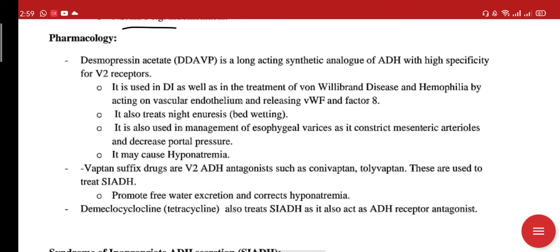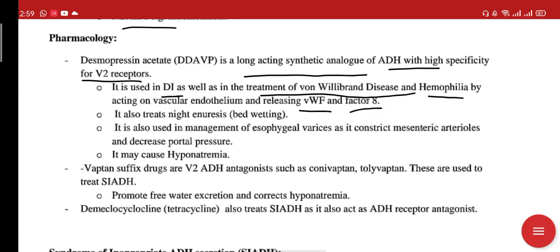You know that desmopressin acetate is a long acting synthetic analog of ADH with high specificity for V2 receptors. It is used in diabetes insipidus as well as in the treatment of von Willebrand disease and hemophilia, by acting on vascular endothelium and releasing von Willebrand factor and factor 8. We know that ADH acts via two receptors, V1 and V2.